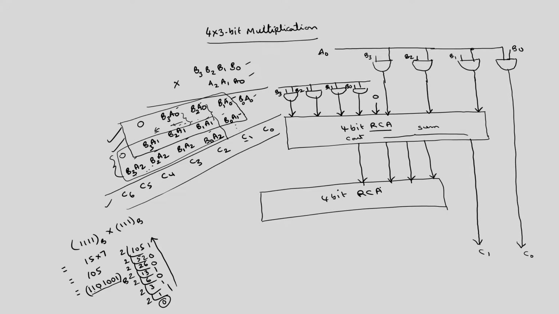The second set of the numbers will be B3A2, B2A2, B1A2, B0A2. This can be generated through AND gates. So this line is the A1 line, this is the A2 line. Along with this A2, you have to generate 4 signals through 4 AND gates. This is one AND gate, second AND gate, third AND gate, fourth AND gate.